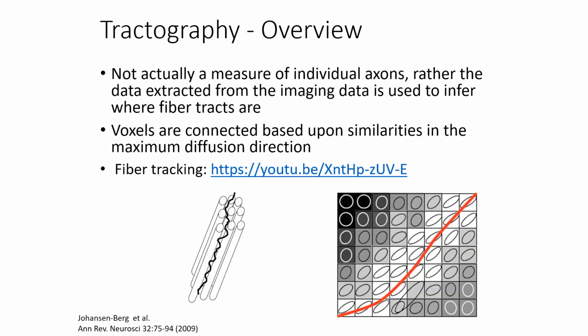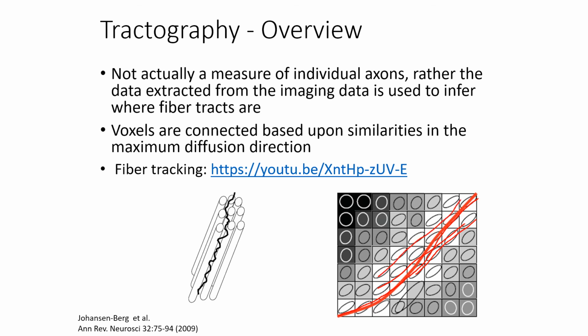So we can take those reconstructions of displacement of water, this diffusion within each voxel, and start to do tractography. We do fiber tracking. We won't go to this video, but again, we can start to draw those lines as I had done on a previous screen to try and connect white matter pathways. So again, we might have pathways there, we might have a pathway there.